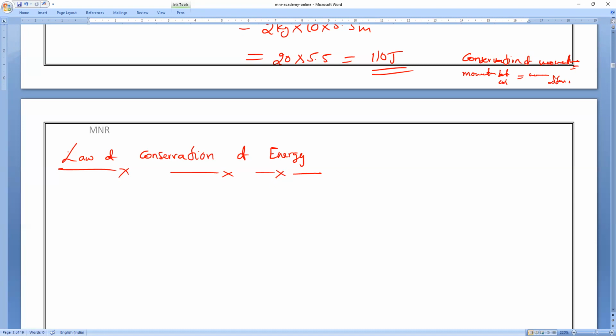Write it, everybody. According to the law of conservation of energy, energy can neither be created nor be destroyed, but can be transformed from one form to another.